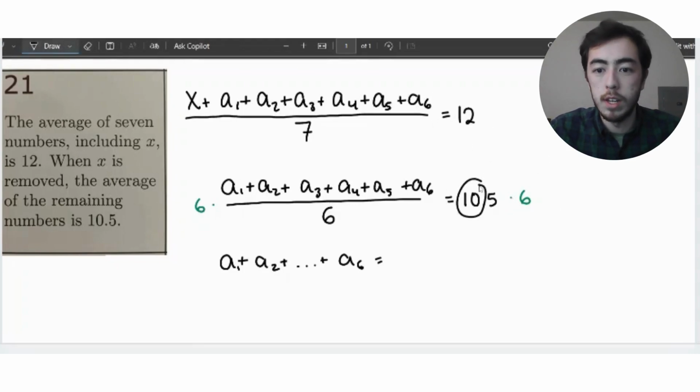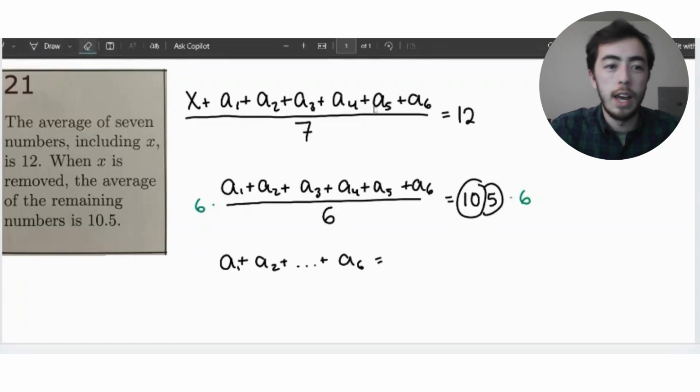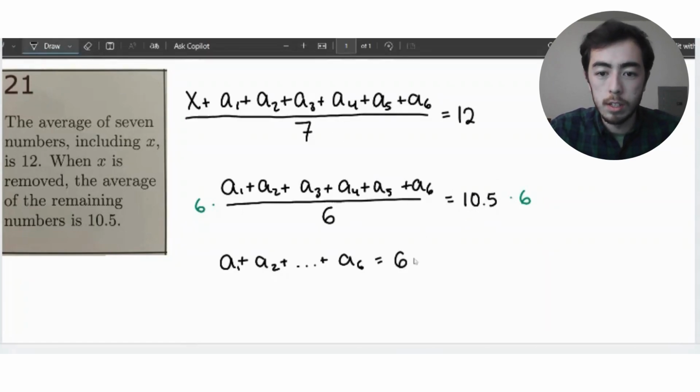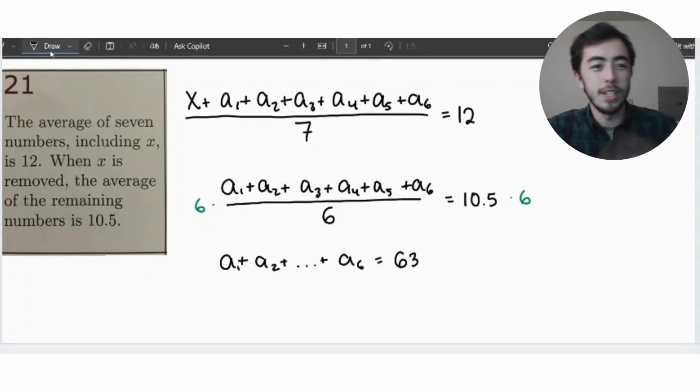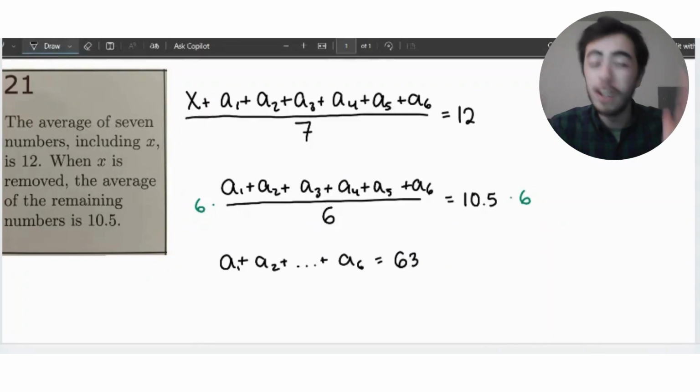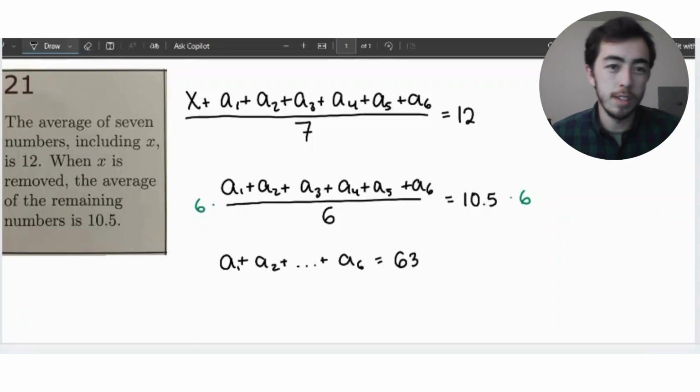Well, 6 times 10 is 60, and then half of 6 is 3. So altogether, these numbers must sum up to 63, because then when I divide them by 6, I find their average, which is 10.5. So here, the sum of a1 through a6 is 63.